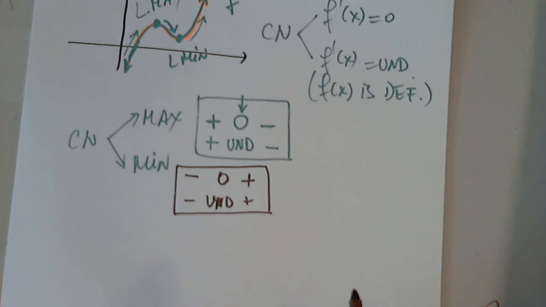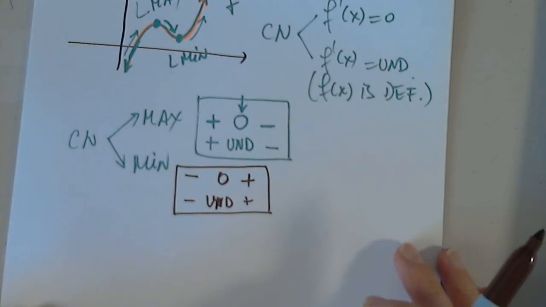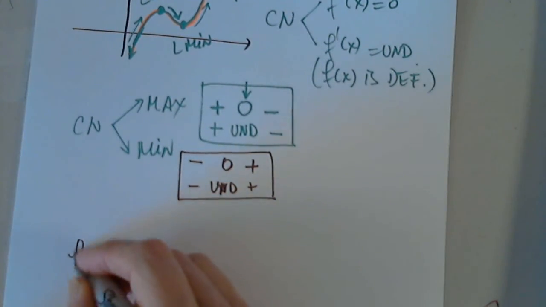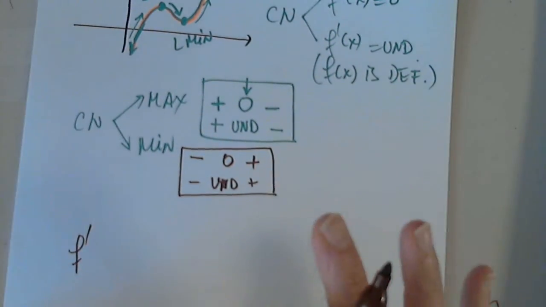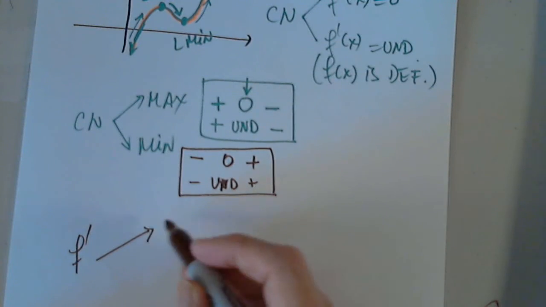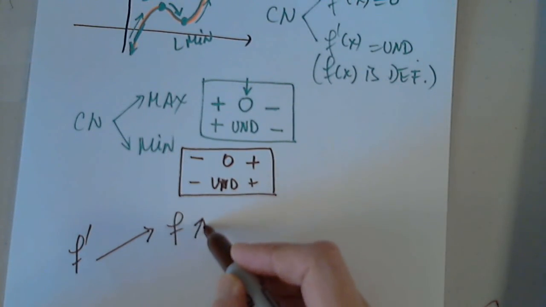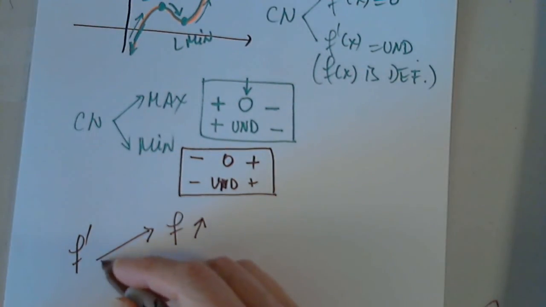I would like to jump to some examples and talk about the first derivative as well as the second derivative. So, in short, what does the first derivative tell us about the function? It tells us when the function is increasing.